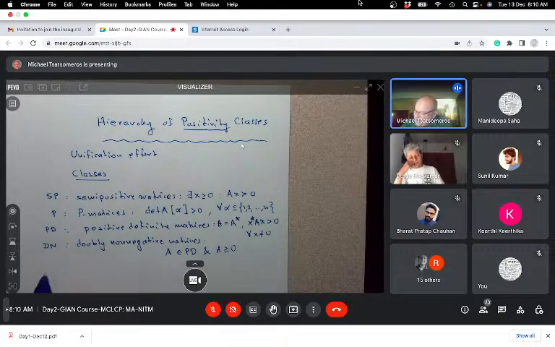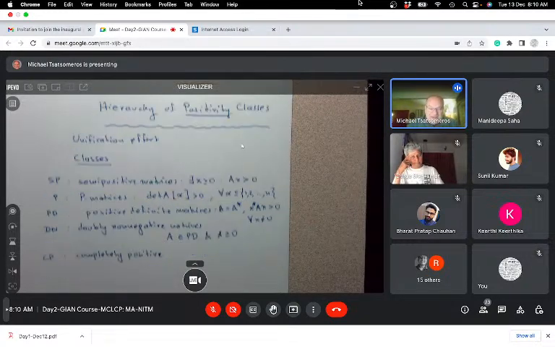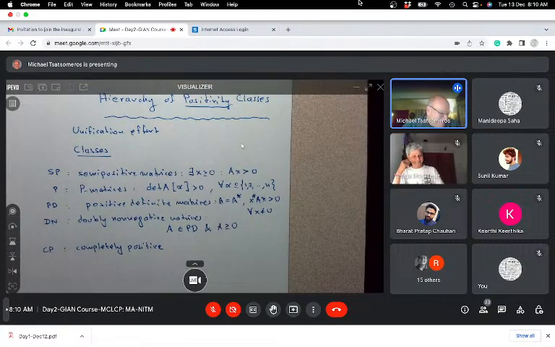Then we have CP. CP stands for completely positive. There are so many versions of positivity that we've almost run out of terms to describe them. So what are they?